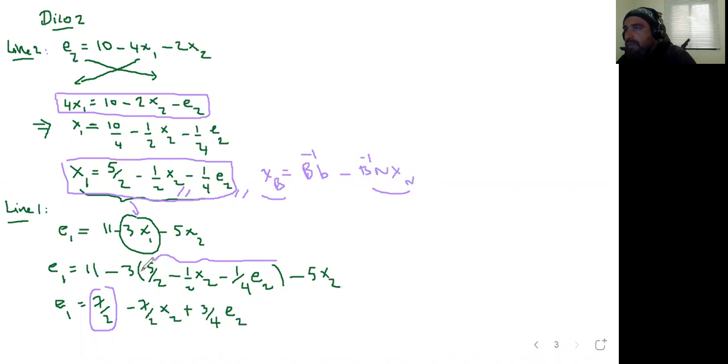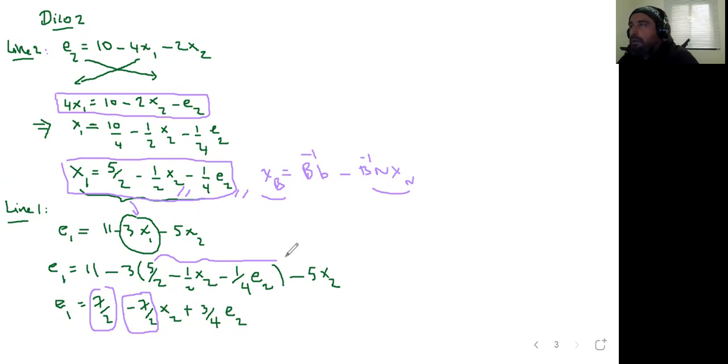I did 11 minus 3 times 5/2, so it's 22 minus 15/2, 7/2. Then I had minus 3 times minus half, which is plus 3/2, minus the 5, which is minus 10/2. So I get minus 7/2 for x2. And finally, the coefficient in front of E2 is minus 3 times minus 1/4, which is 3/4. Got it?